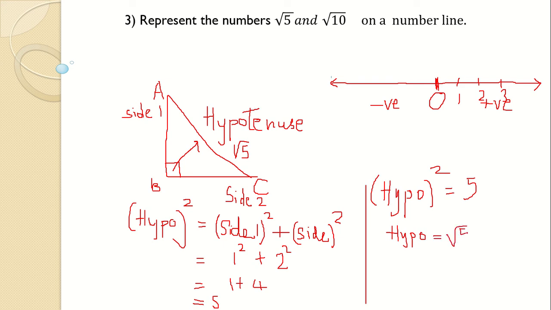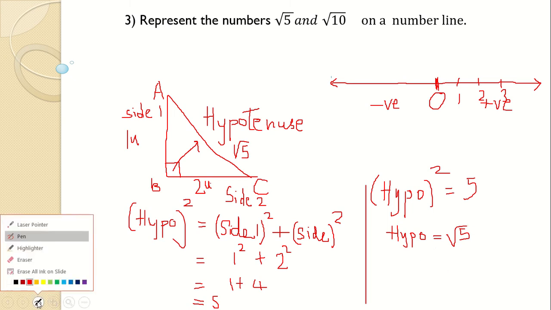So what we understand here is, in any right angle triangle, if we have one side as 2 units and the other side as 1 unit, then its hypotenuse is going to be root 5. Do you understand? If side 1 is 1 and side 2 is 2, then hypotenuse is root 5.